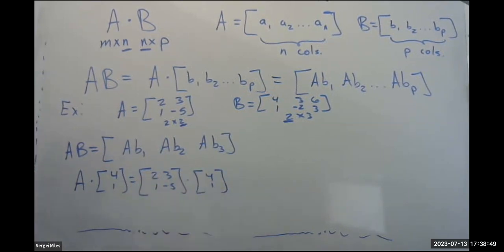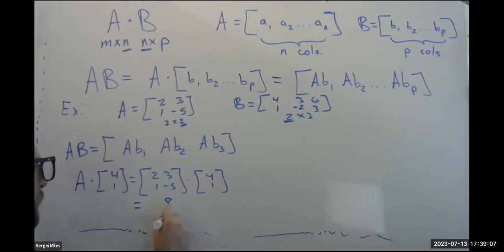Now, this is a matrix times a vector. We like rewriting it this way because at this point in the class, we already know how to multiply a matrix with a vector. This is the same thing as a linear combination. So I have 4 times the first column, that's 8, 4, plus 1 times the second column.